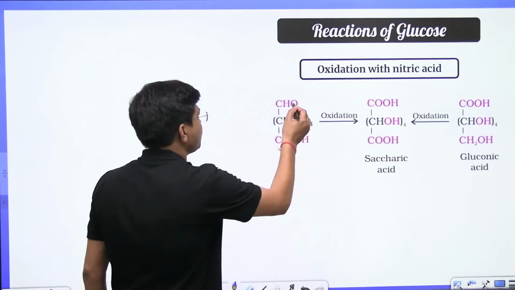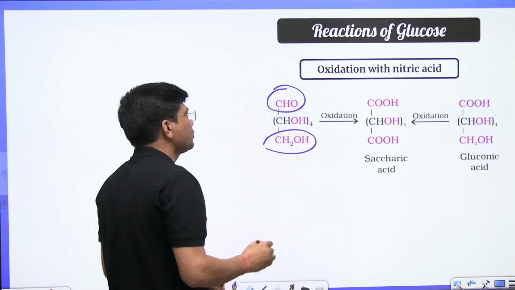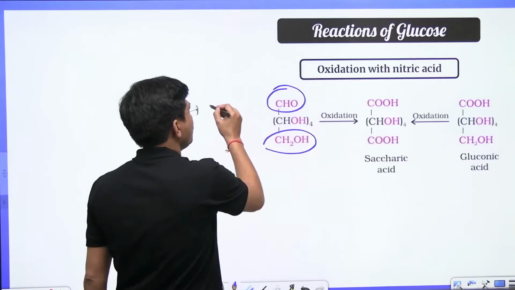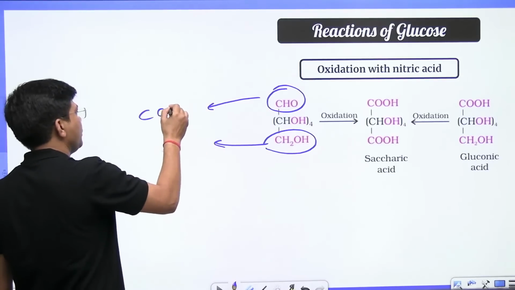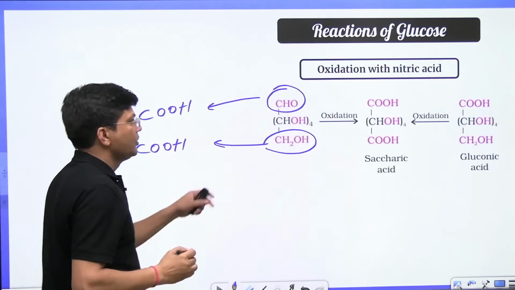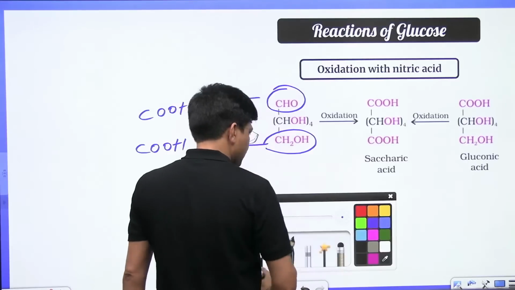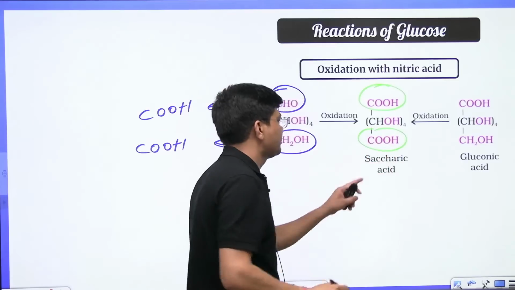Here both this CHO and this CH2OH will get oxidized, and both will convert into COOH groups. So you can see at two places you will get the change, and this is known as saccharic acid.